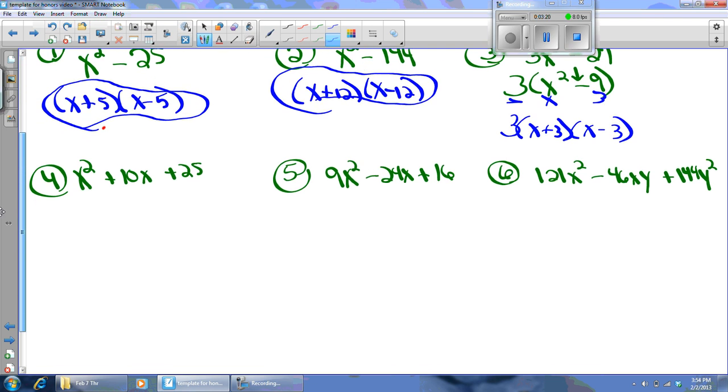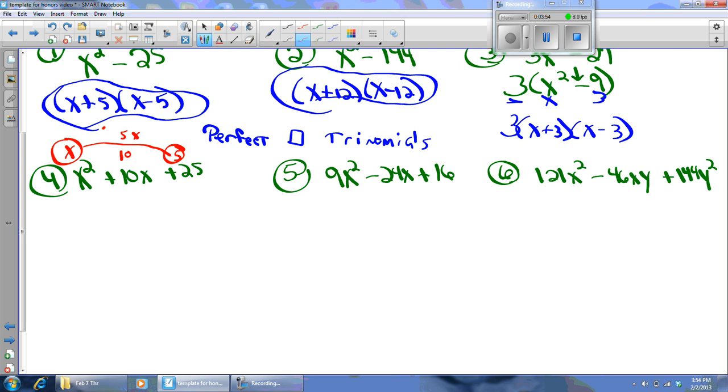Now, the next type we're going to learn are called perfect square trinomials. First of all, your first term and your last term must be perfect squares. So I'm going to put x here, 5 there. They are definitely perfect squares. Then I'm going to multiply them and double the answer. 5x, and when I double it, I get 10x, don't I?